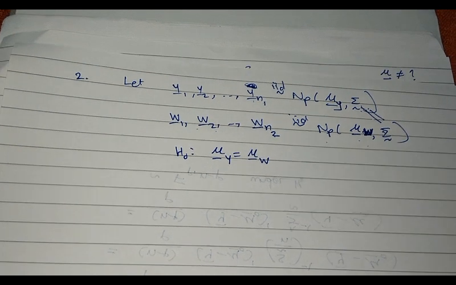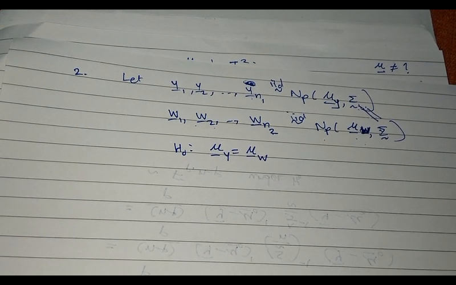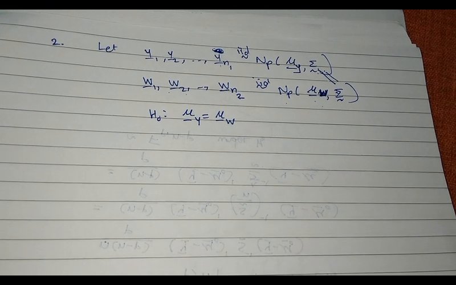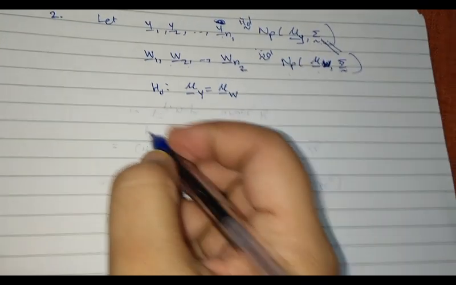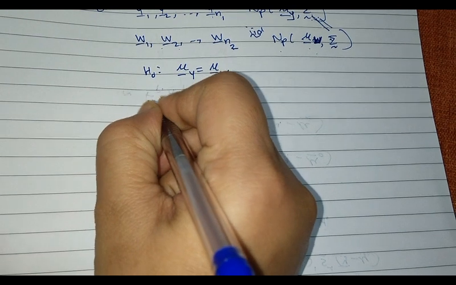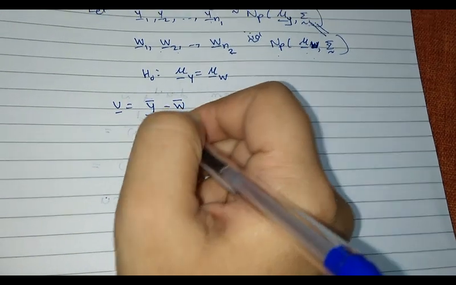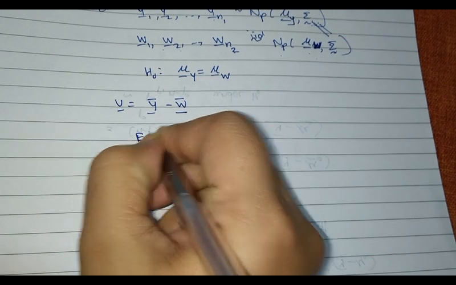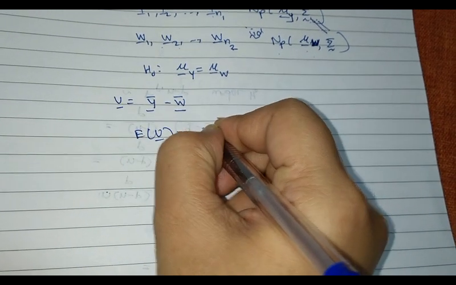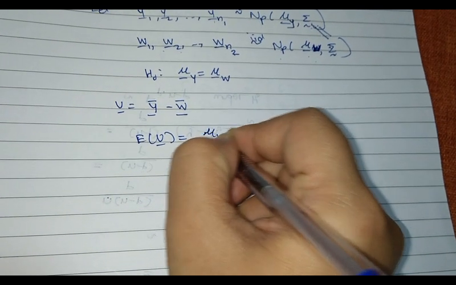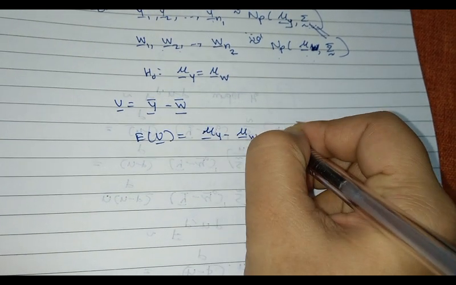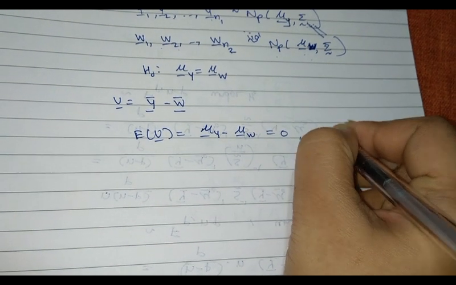Now, can you think of some p-variate normal vector which would have zero mean? At least in this scenario, I think it is pretty easy. If I define u as y bar minus w bar, what would happen? Expectation of u would be mu y minus mu w, which would be 0 under H0.